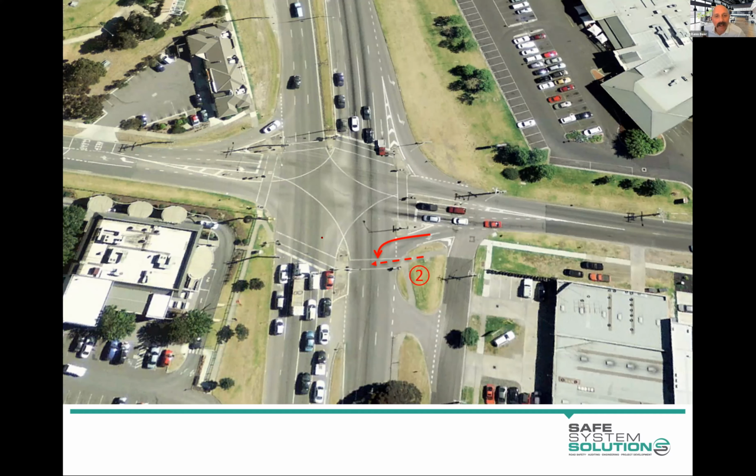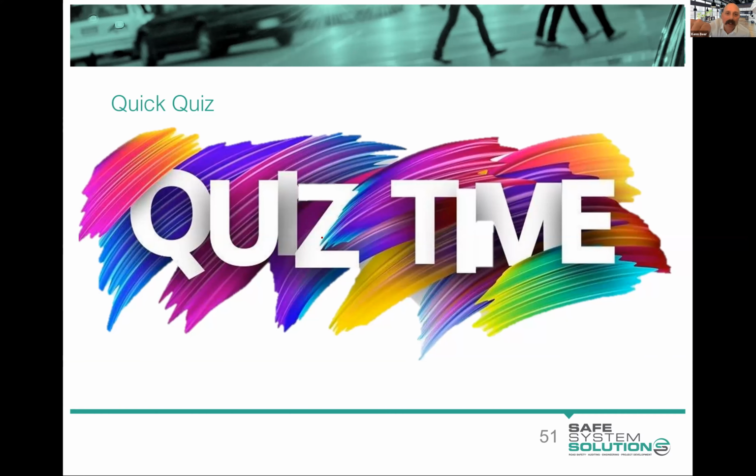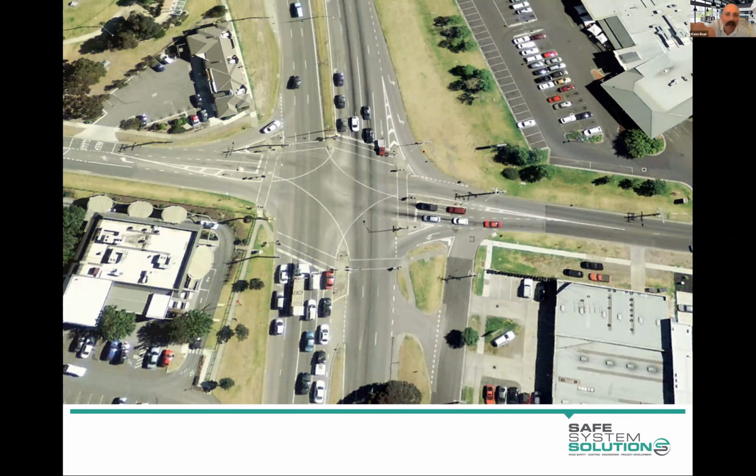Now, I'm going to go back so I can clear out the actual thing there. So, okay, we've got a slip lane here, and that looks right. And we've got a slip lane there, and they go around there, and this one they go around there. And this one, they come up here, and hang on, why are they turning onto a pedestrian crossing? Well, these ones turn, and they're not turning onto a pedestrian crossing, are they?